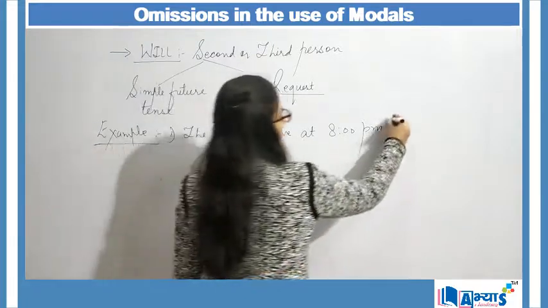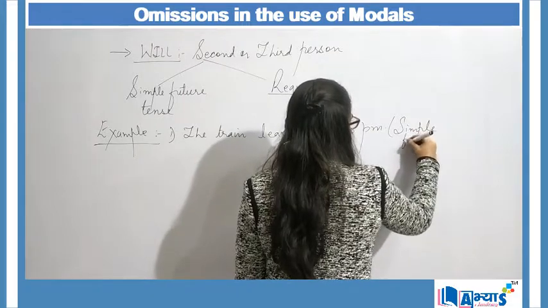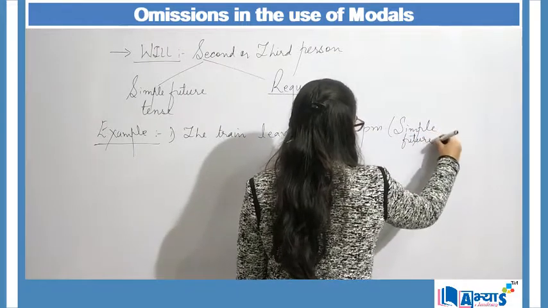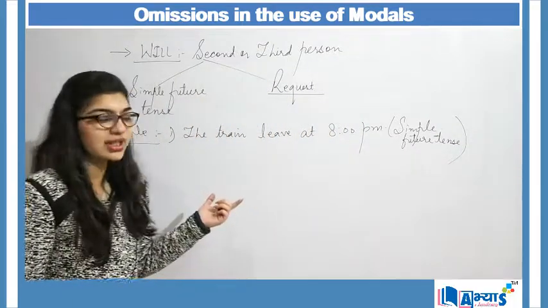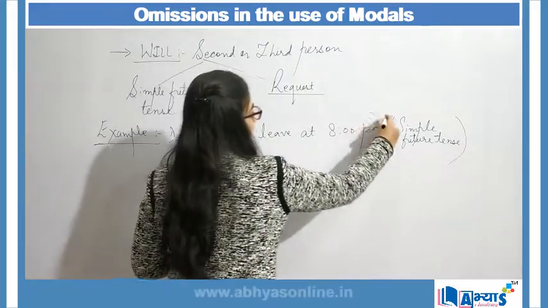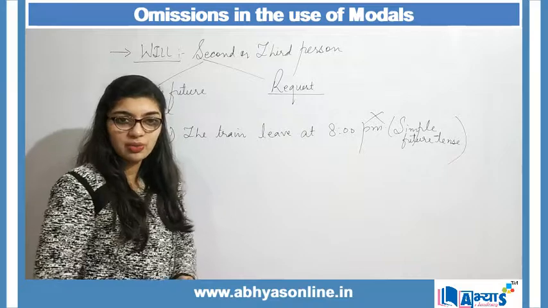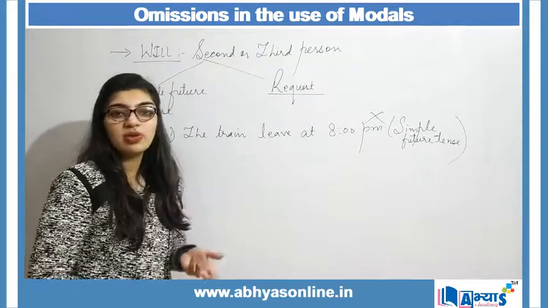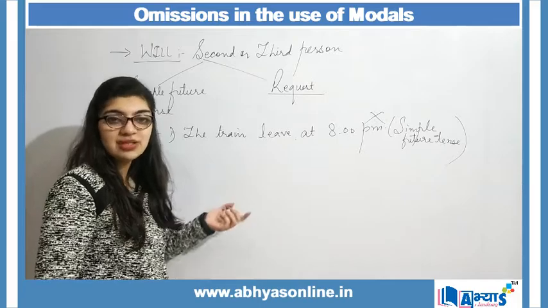So here if I want to tell something about the future, I will say simple future tense. And if I have to form a simple future tense out of this, my sentence over here is wrong. Why? Because simple future tense will always contain will with it. I cannot see will over here. I have to find a suitable place where I can place will.